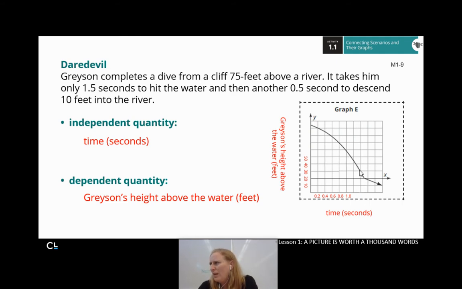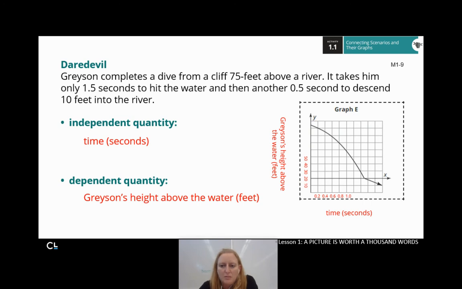I did go ahead and put numbers on here. It said it took him 1.5 seconds to hit the water, and then only a half second once he was underneath the water, and he went 10 feet down. So 10 feet down, and then I counted up from here. This is terrible. That should be moved up. You think I can fix it? I think I can fix it. Hang on.